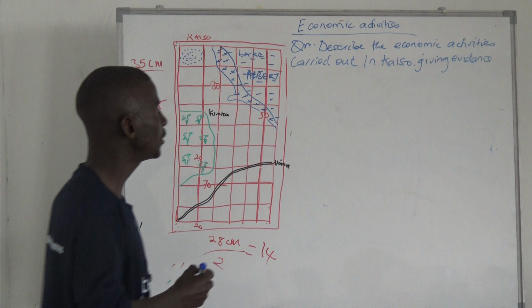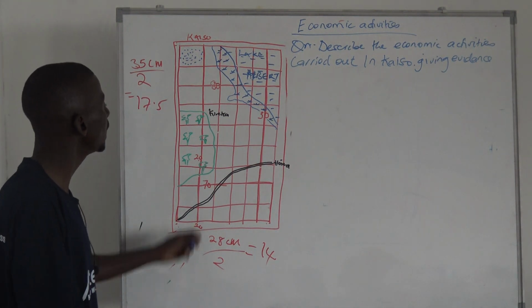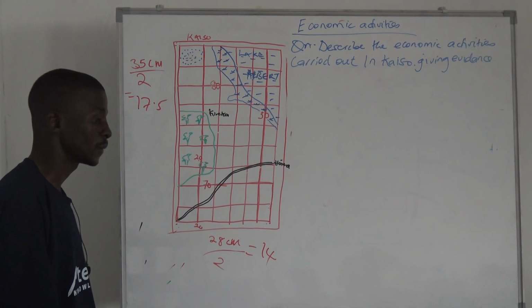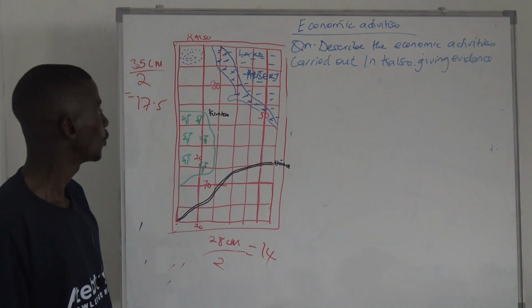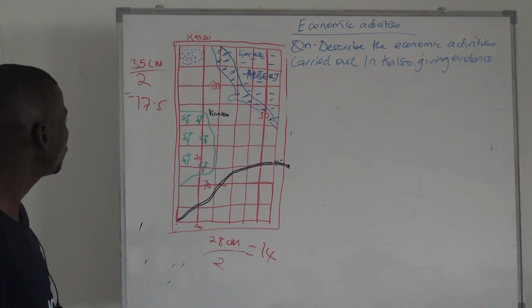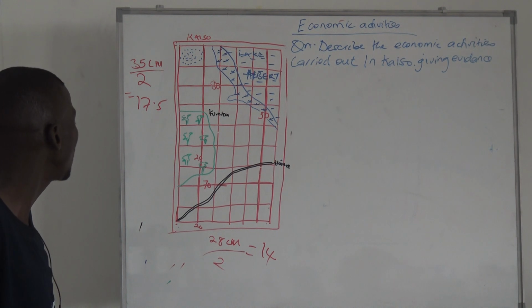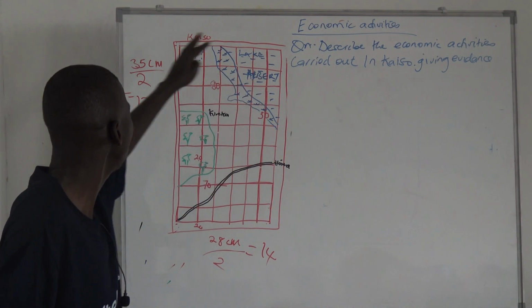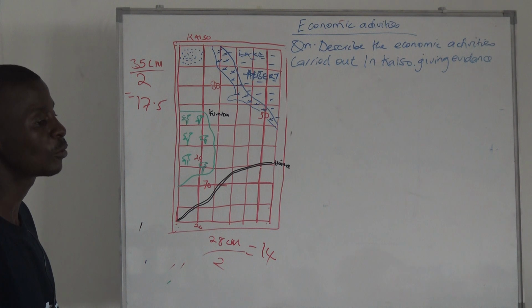One wants you to describe the economic activities taking place in KAISO, but with evidence. You look onto your map: if you are in KAISO and you have the above features, what could be the economic activities in that area?